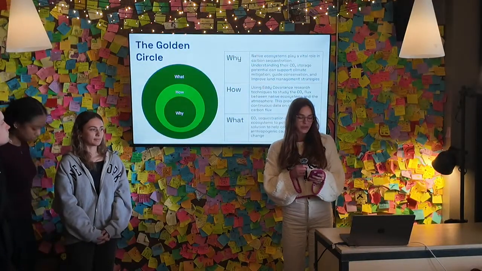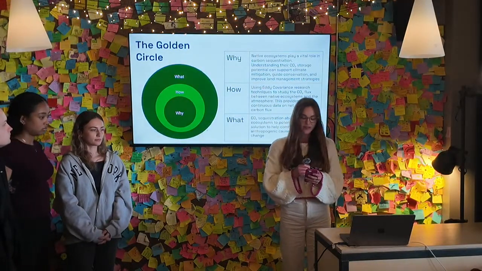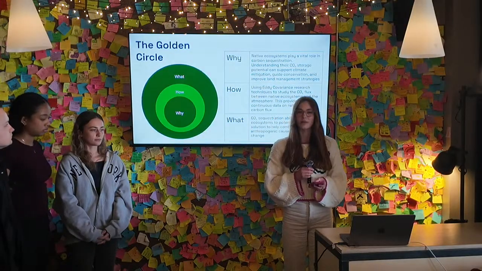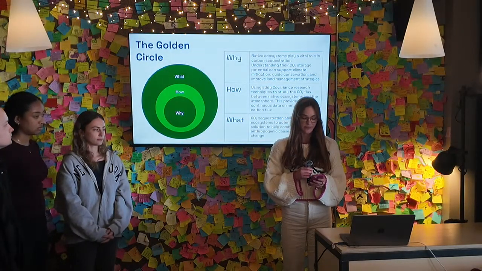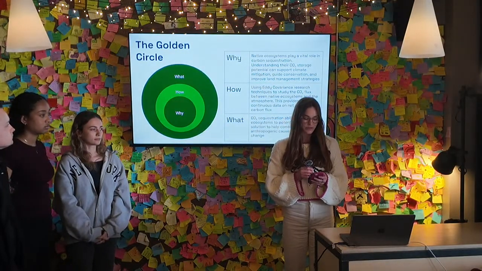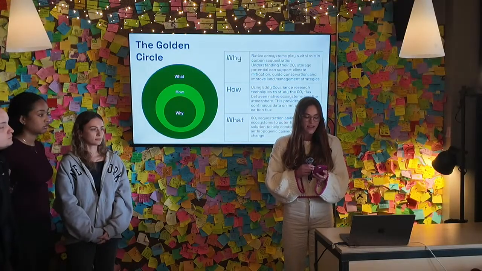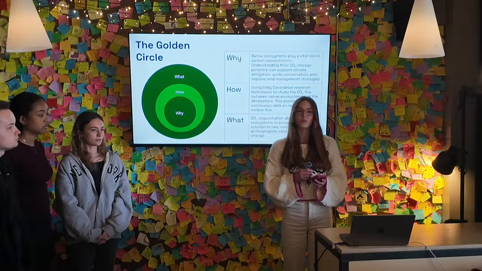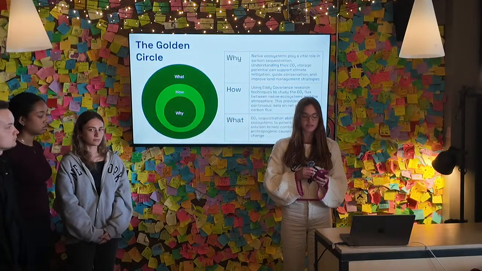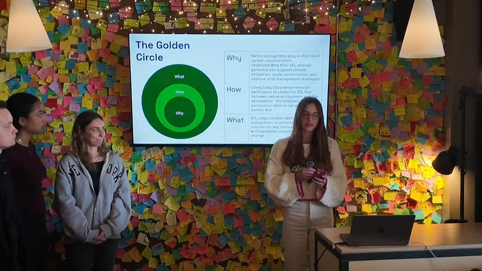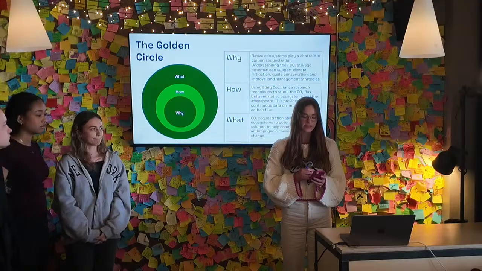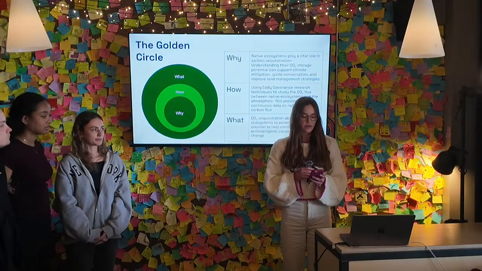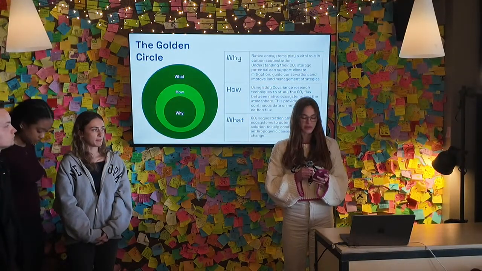Starting off with our golden circle, our why. Native ecosystems play a vital role in carbon sequestration. Understanding their CO2 storage potential can support climate mitigation, guide conservation, and improve land management strategies. How? Using eddy covariance research techniques to study the CO2 flux between native ecosystems and the atmosphere.